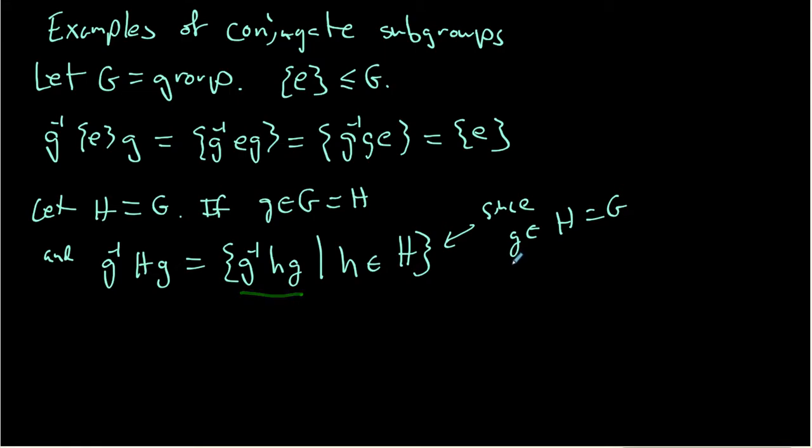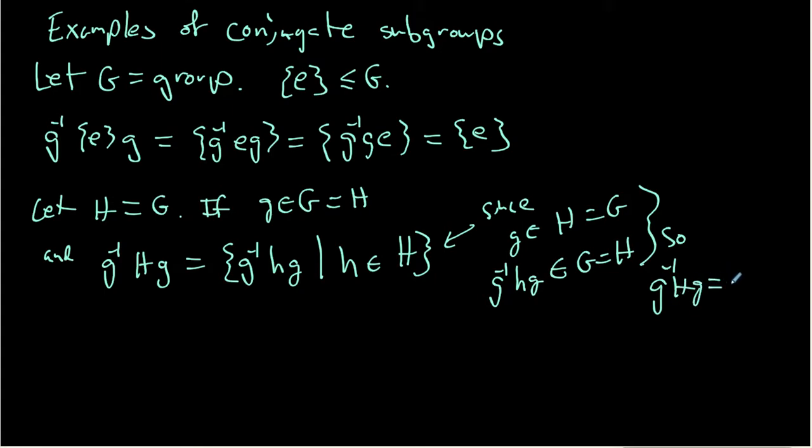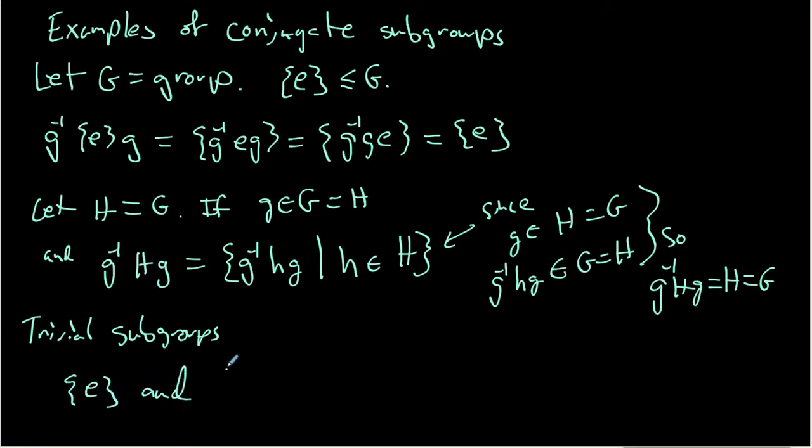So since we are assuming that H and G are the same thing, g inverse hg is just some element of G, which happens to be in H. And so what this says is that G inverse HG is, lo and behold, all of H, which is all of G. So the trivial subgroups, remember, are this one and the whole group itself.